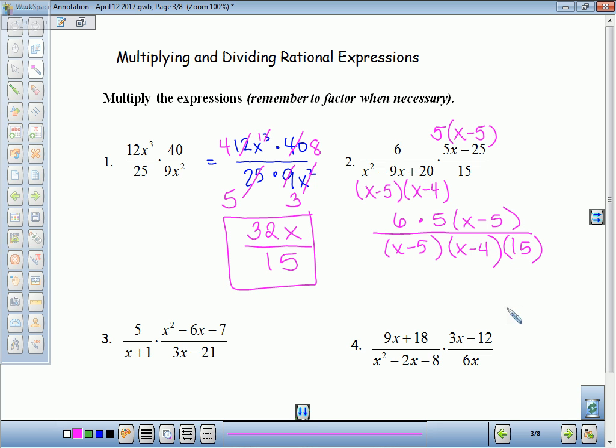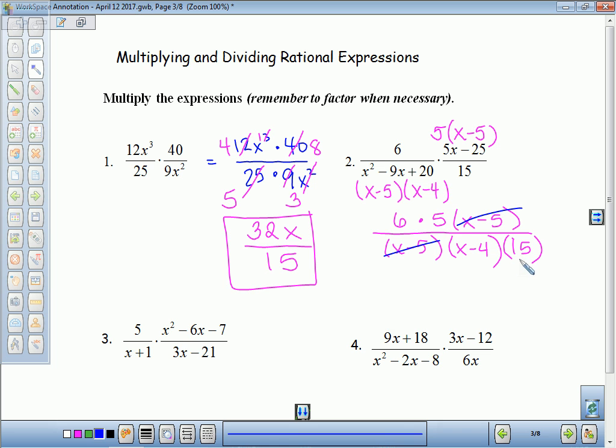You don't have to. Okay. Now, everything is written as multiplication. We have a product in the numerator and in the denominator. When I have all multiplication, then I may cancel. Okay? We clearly see that these match. So x minus 5 is a factor of both the numerator and denominator. So those will cancel.